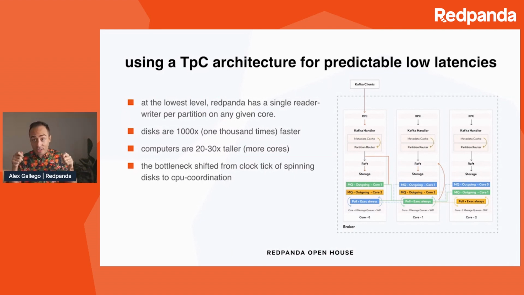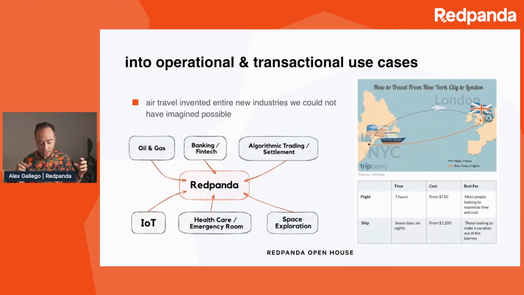And for us to take advantage of the actual hardware, to monitor all the way down to the latency of the multi-queue of the NVMe device, we had to build from scratch. A thread per core architecture allows us to think of every core as almost an independent computer. And this allows us to build predictability, because the keystone principle here is that we can monitor the latency from the NVMe device and propagate that all the way to the TCP connection on the client connection.